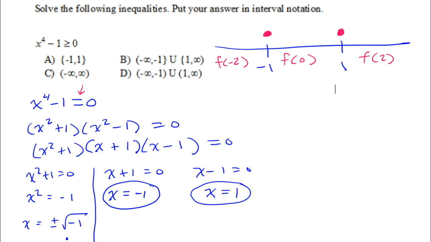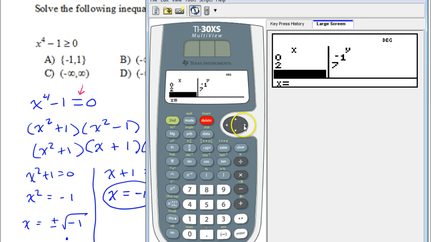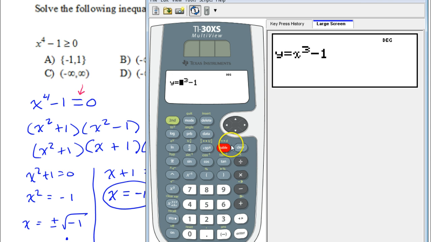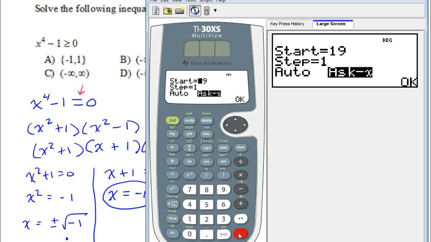Okay, I'm going to use my TI-30XS MultiView to help me out. Let's go to the table feature and type in x to the fourth power minus 1. I'm going to use the ask mode instead of the auto mode for this activity.